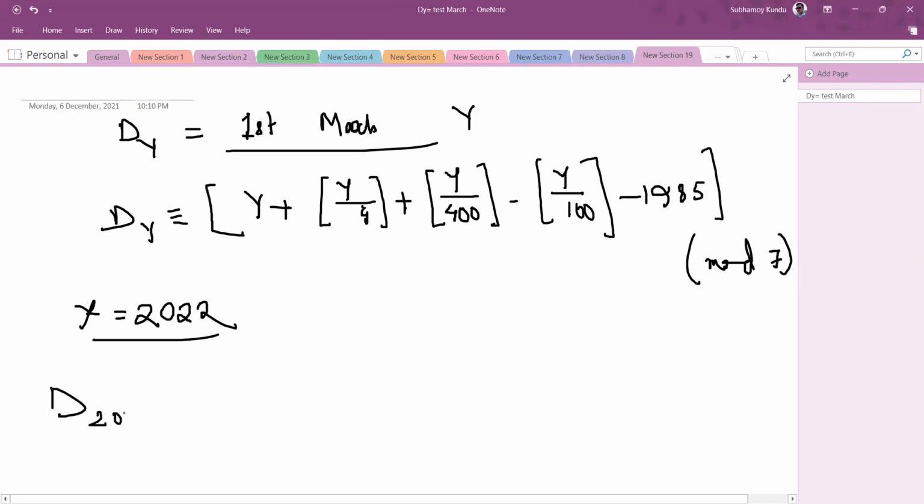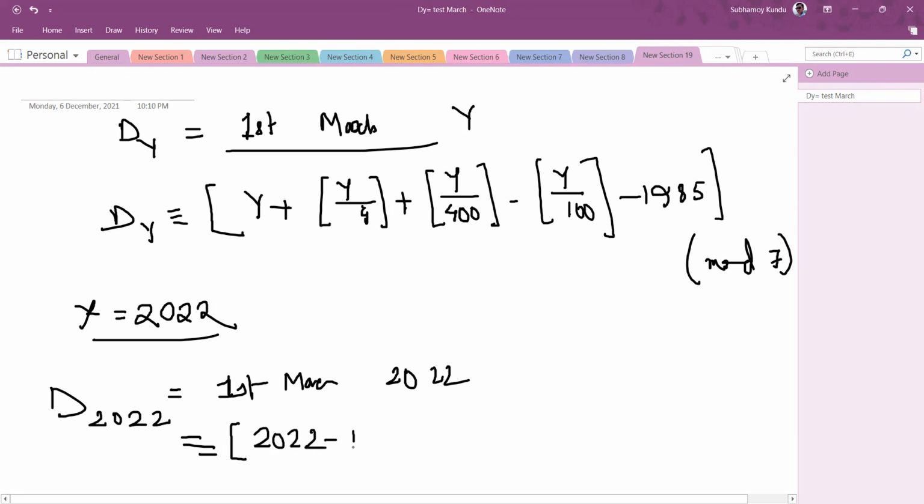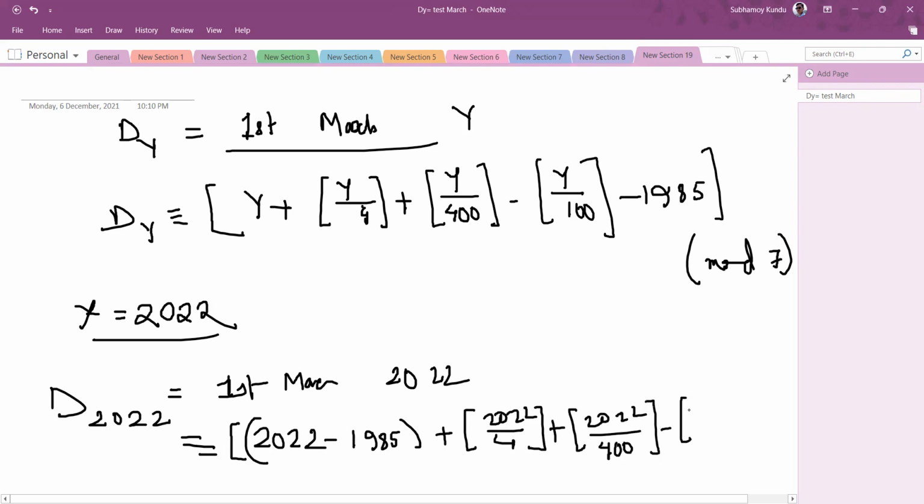Then d22, which is nothing but the first of March, the first day of the month of the calendar year 2022, will be calculated in this way: 2022 minus 1985 plus 2022 by 4 plus 2022 by 400 minus 2022 by 100, modulo 7.